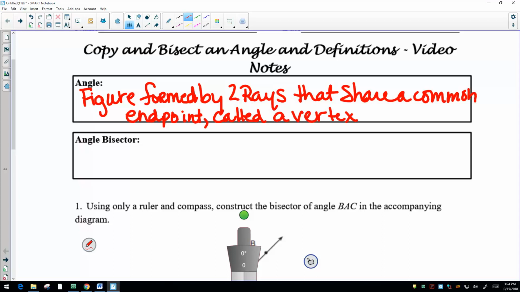So if I were to draw an angle on the side, I see one ray, here's another ray, here's their common endpoint. That is called the vertex.